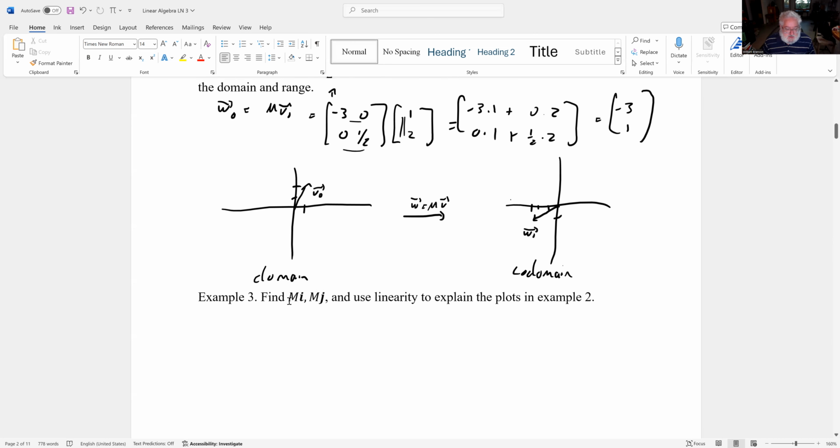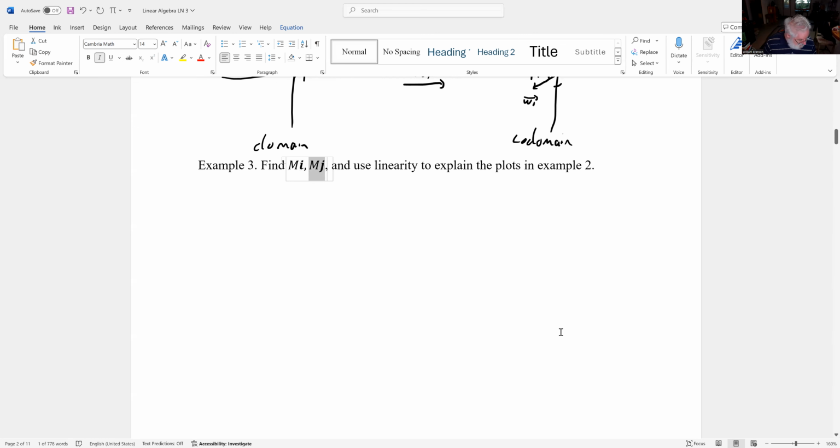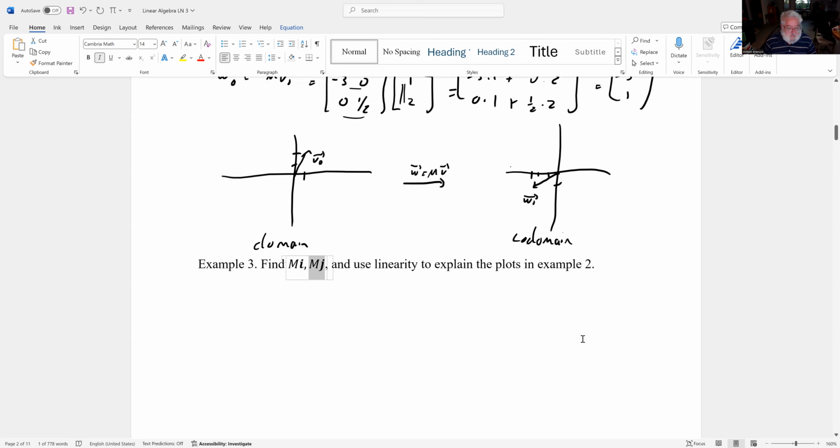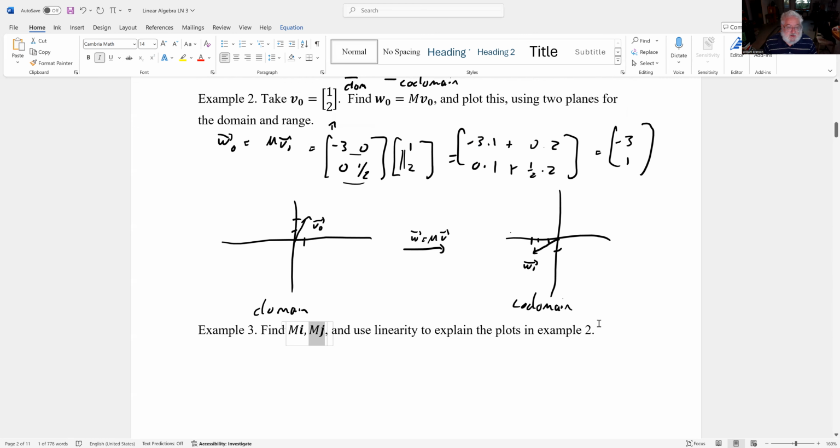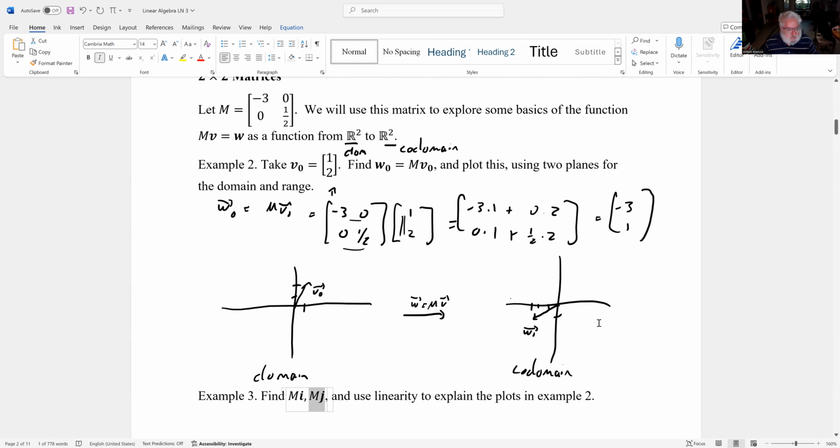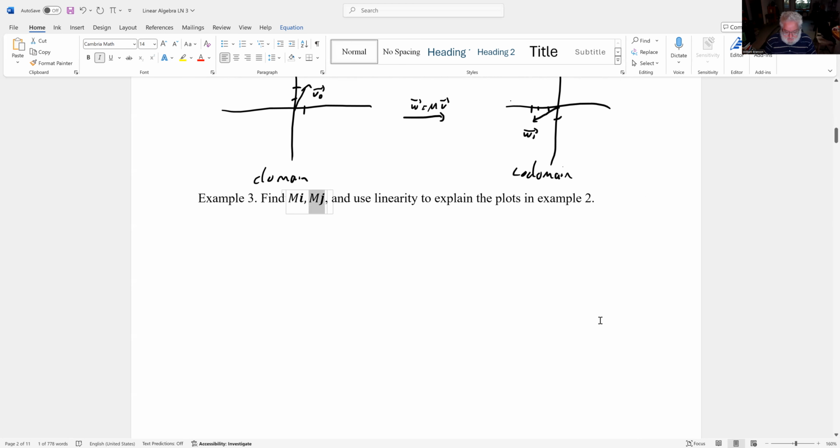So what we're going to do is look at M times i and M times j. We'll do the calculations first. Our matrix is up there, -3, 0, 0, 1/2.